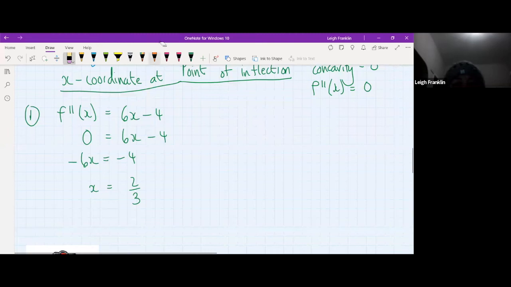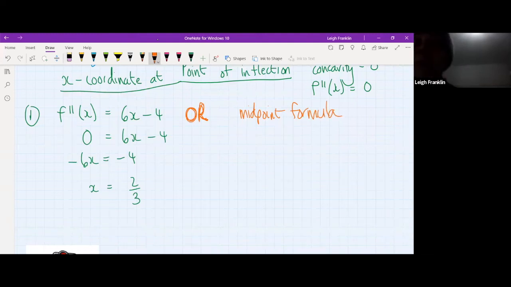Or my alternative at this point is to use the midpoint formula. Not midpoint theorem, midpoint formula.